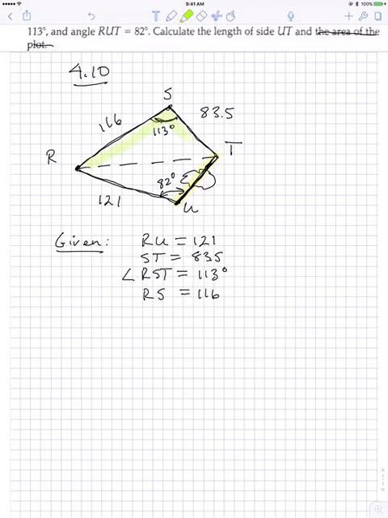If we were looking at this green triangle, what do we know? We know two sides and an angle. Doesn't that set us up pretty well for the law of cosines? It in fact does. And so from there, we should be able to use the law of cosines to get this distance across.